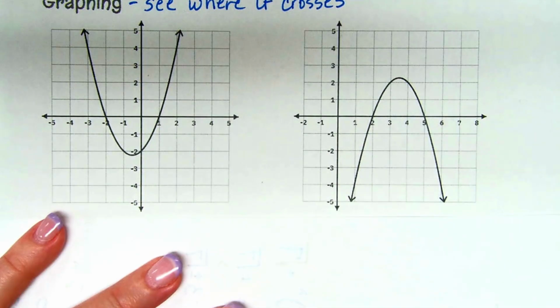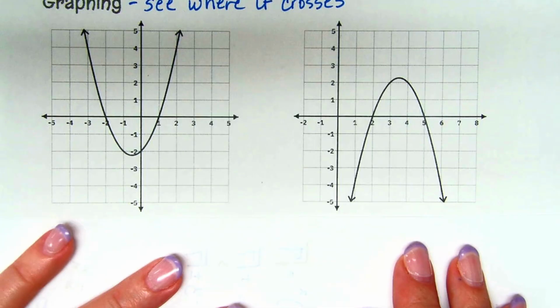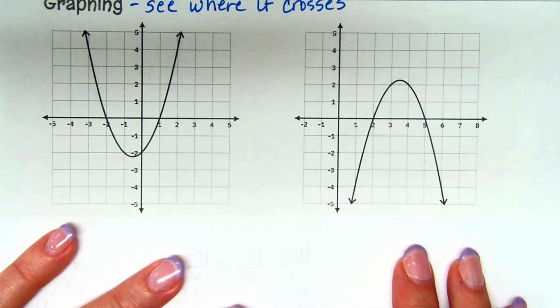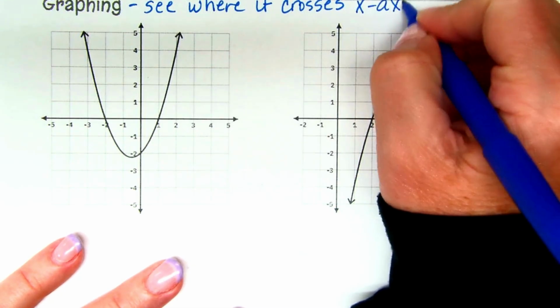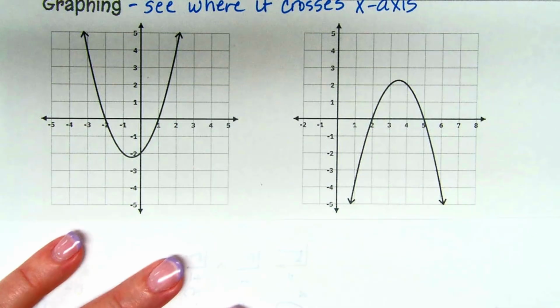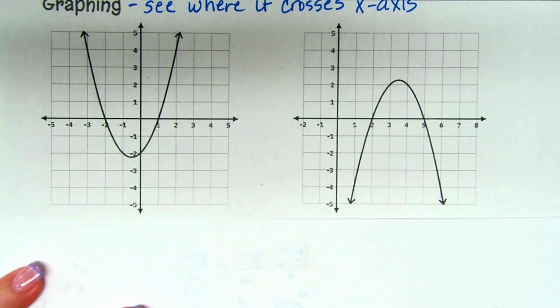See where it crosses what? Just the x-axis, right? Where it crosses the x-axis is going to be the solutions. So the way I solve by graphing is by looking with my eyeballs.